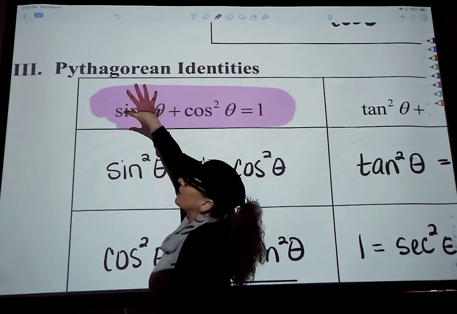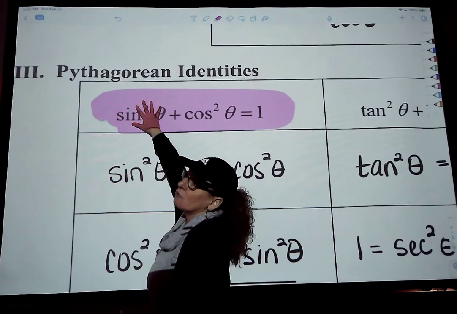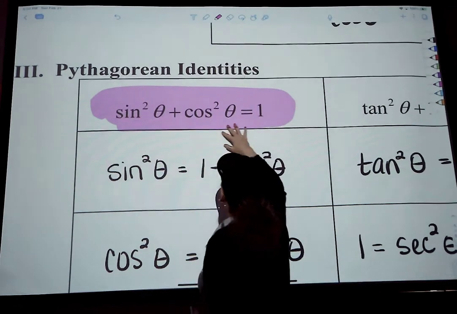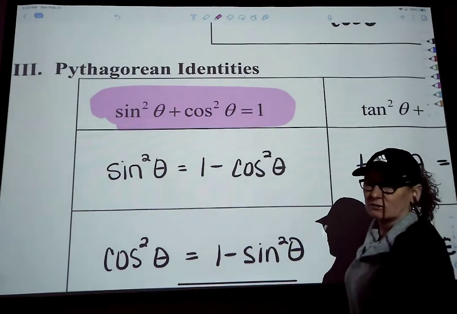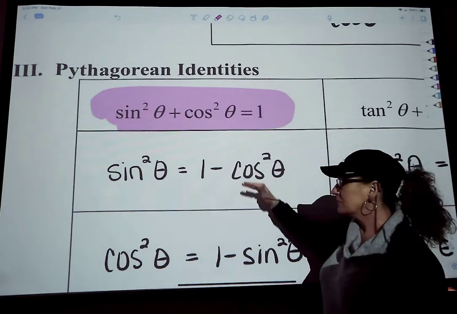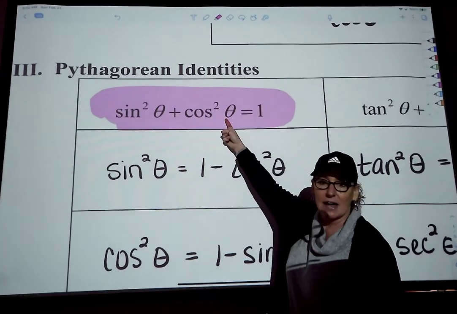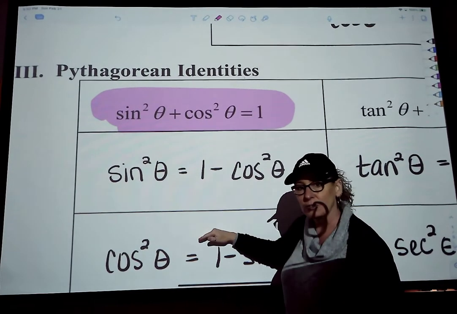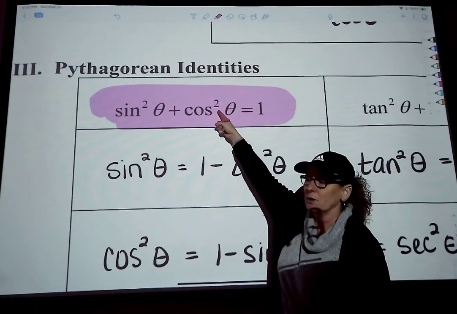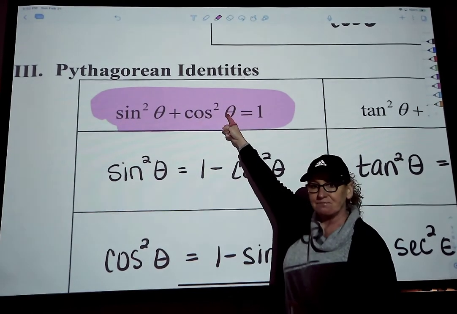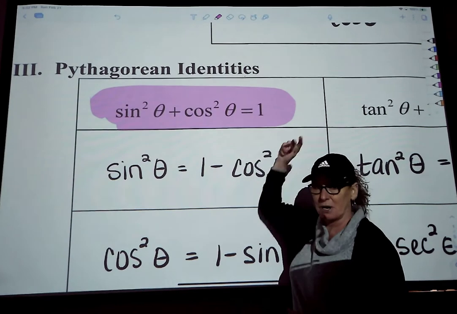What happens if I subtract sine squared from each side? I get cosine squared equals 1 minus sine squared. See? These two just come from manipulating that. So do you need to memorize those two? No, not really. Do you need to memorize that one? Absolutely, 100% you need to memorize that one. Now let me show you how the other two come about.